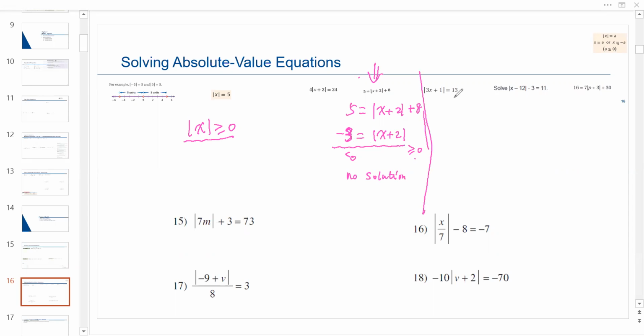All right, let's see the third example: the absolute value of 3x plus 1 equals 13. Same here.